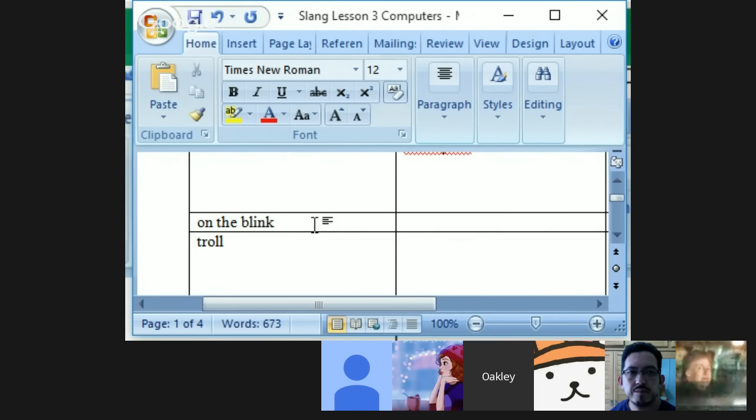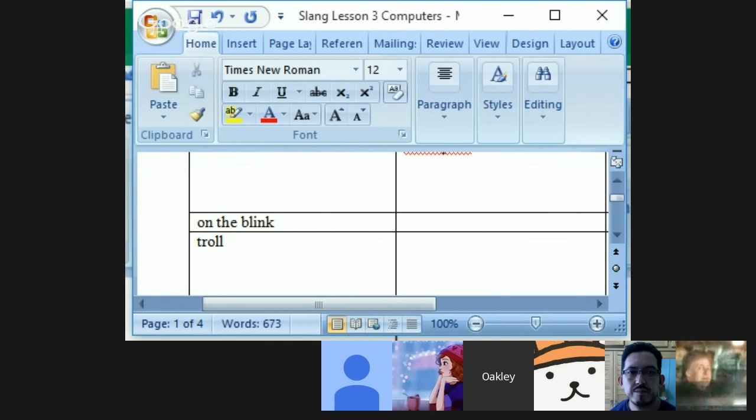Whatever, the air conditioner's on the blink, so we're all dying in the office today. Yeah, that's possible as well. Other things can be on the blink. When we use it, we don't just say it's broken. If something's on the blink, there's a connotation and extra meaning that it's temporary.